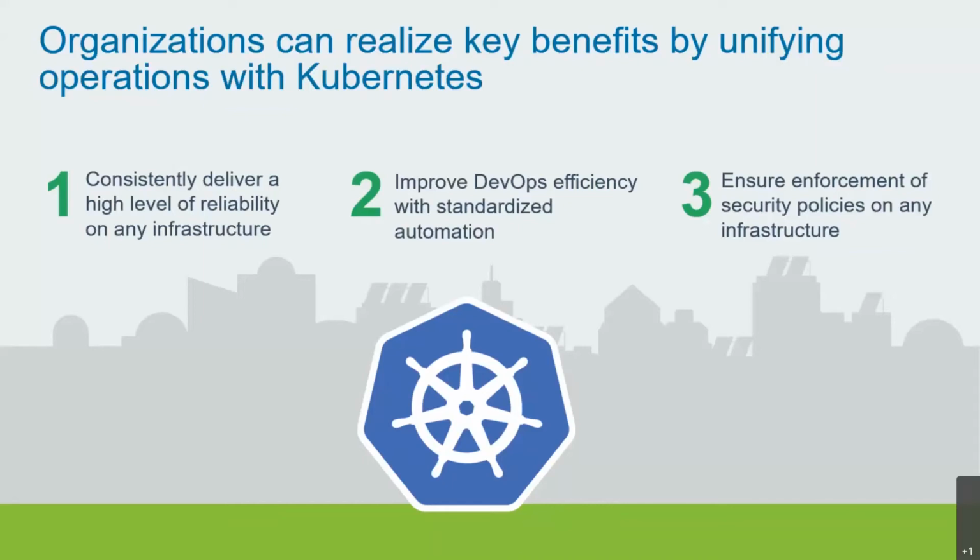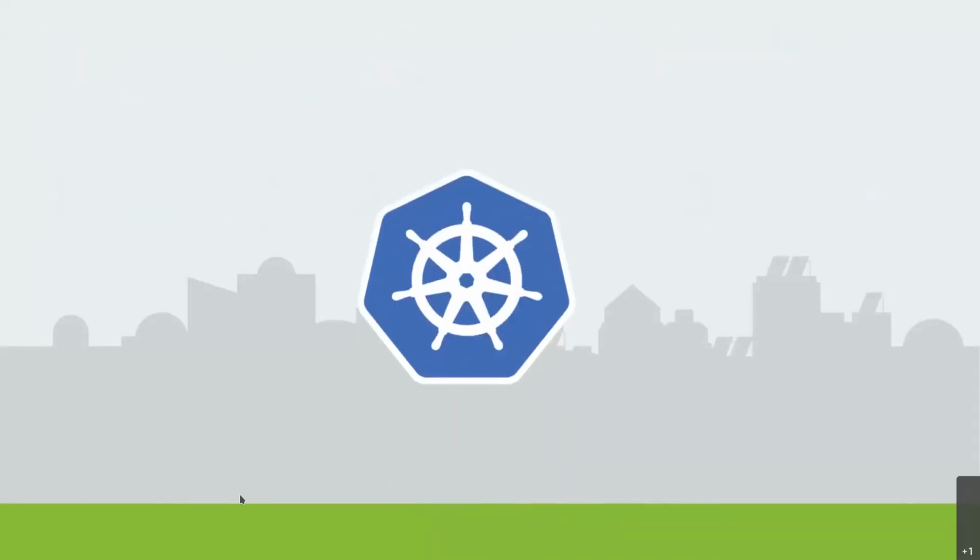You're able to improve the efficiency and the interaction between IT operations, DevOps, and the development folks, because what the developers develop on their workstation can be exactly the same thing that is deployed in production, whether in the data center or on the edge. And Kubernetes allows you to enforce security policies for that particular Kubernetes cluster, which is really good.